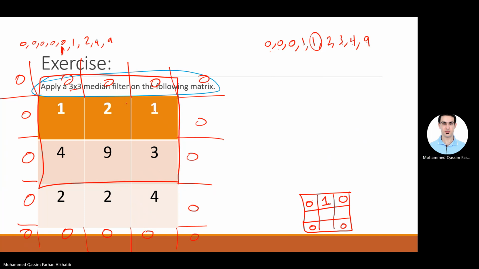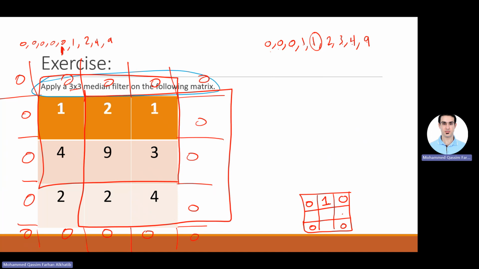Similarly, if I want to take this half to find the value of this pixel, I will have 0, 0, 0, and then 1, 2, 2, 1, 2, 2, 3, 4, 9. And the point in between is 2.